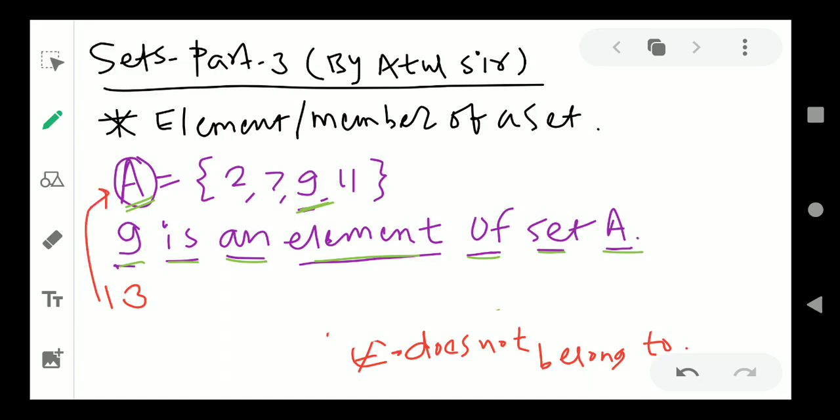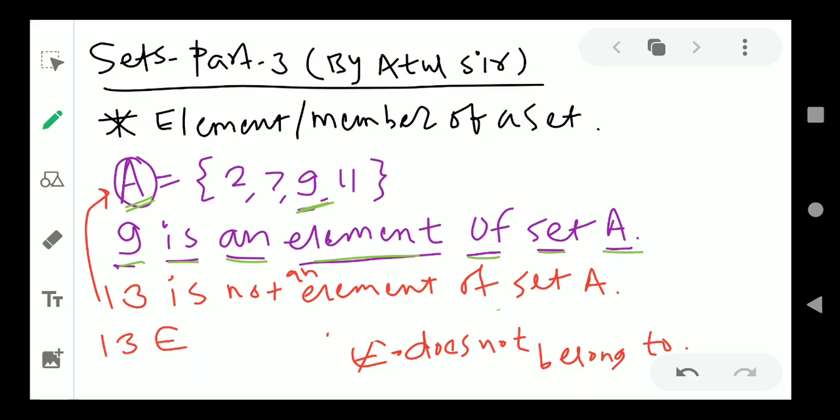Of course, 13 is not an element of set A. So it can be written as 13 does not belong to A. Okay. So this is a special mathematical sign, a Greek sign, which is used to denote whether an element is part of the given set or not.